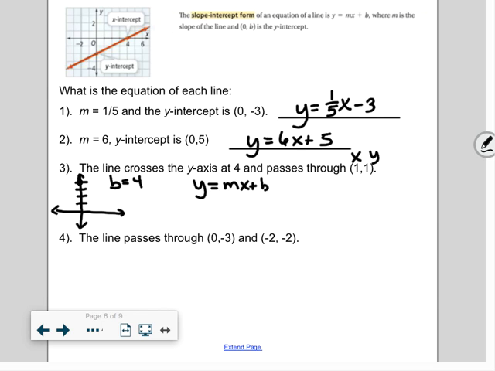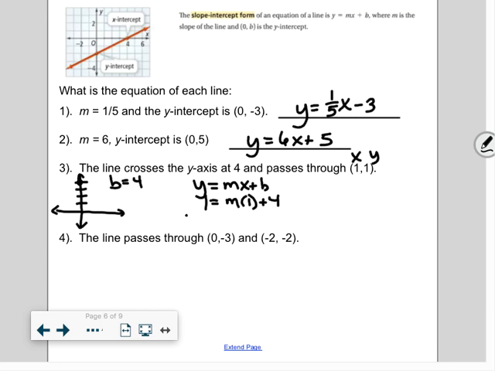I have the point x, y, and I have b, but I don't have m. Well, it's a great thing in chapter 1 that we learned how to solve equations for one letter. We're using that now. That's so cool.